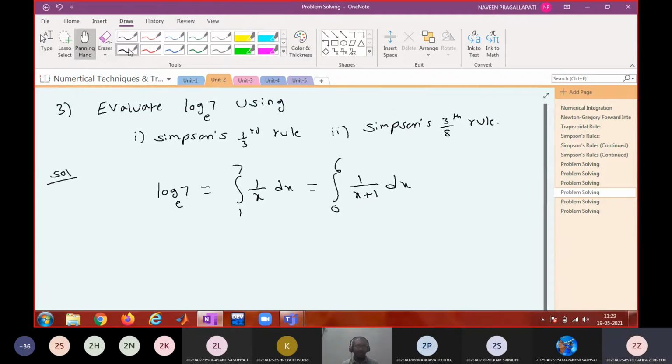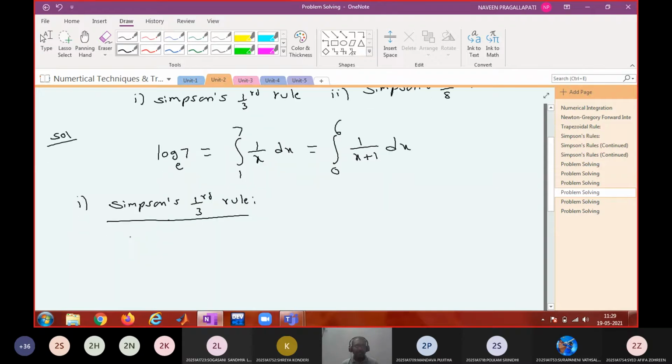Yes, sir. Okay. So Simpson's 1/3 rule. Let us take f of x equal to 1 by x, and n equal to 6.